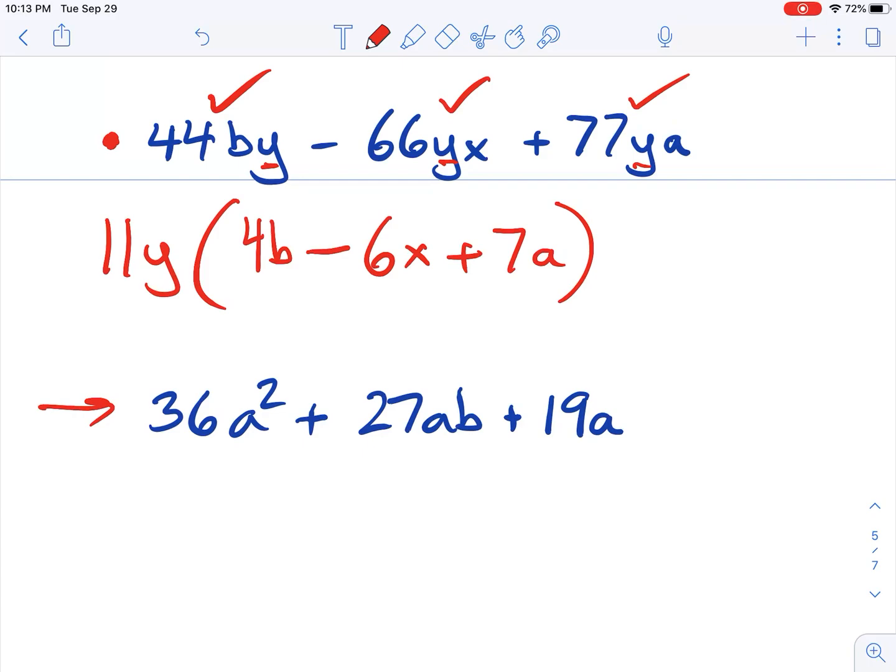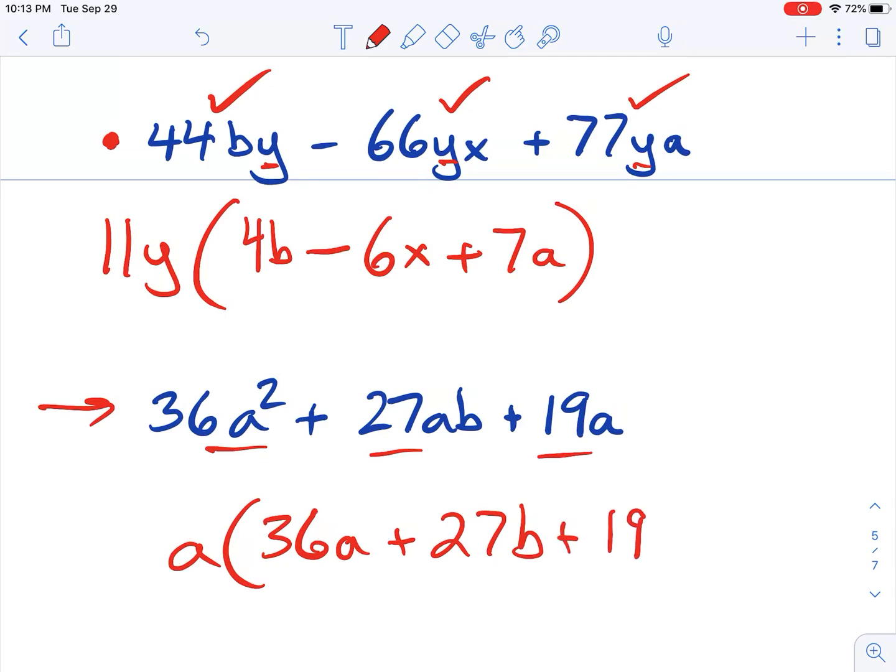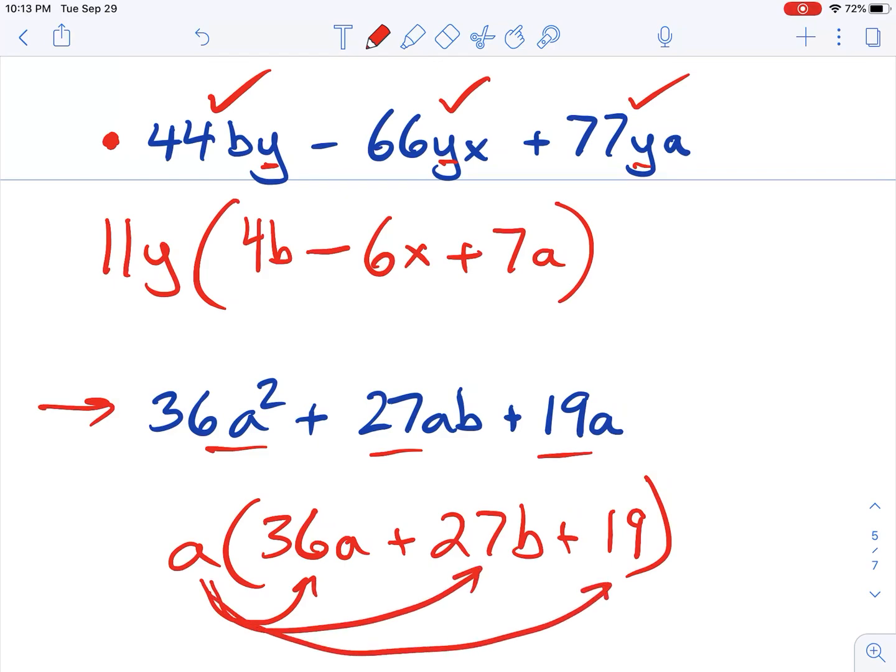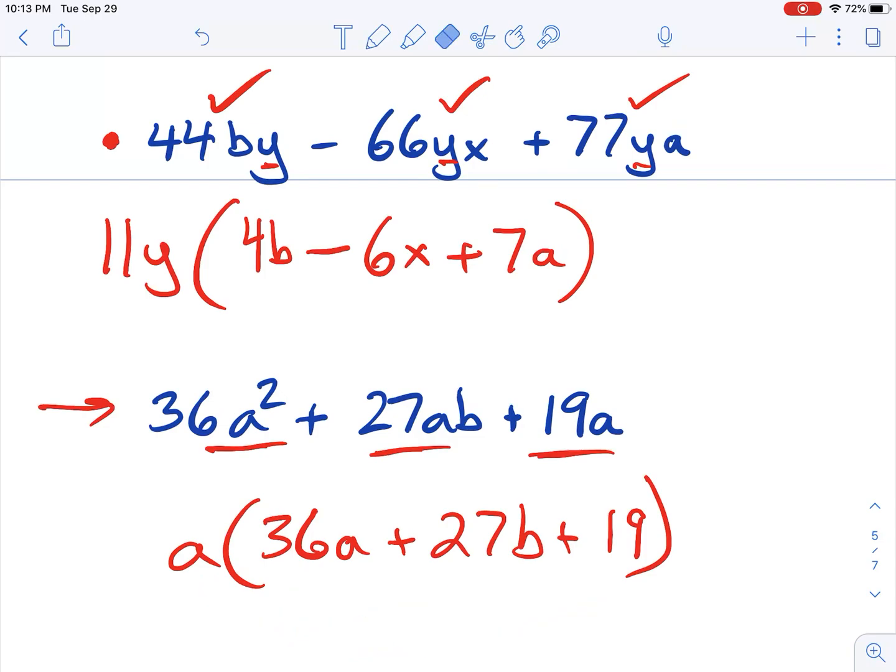No. You need to factor out the same thing from all of your terms. So all you can do here is a 36a plus a 27b plus a 19. So let's check. 36a squared, 27ab, 19a. Okay, that's correct for up here. Now let's also check, before I circle my final answer, do all three of these terms have a factor in common? No, all three of them do not have a factor in common.